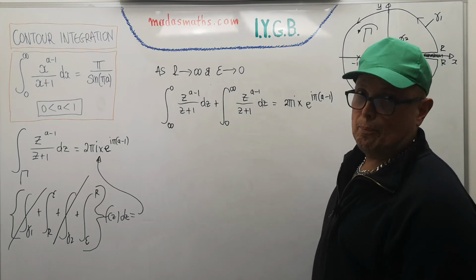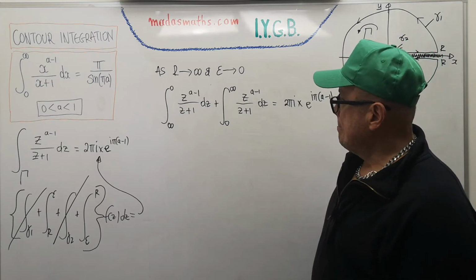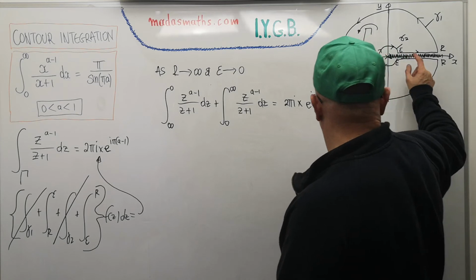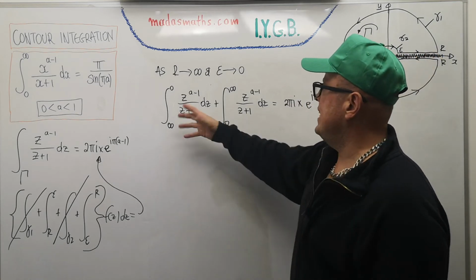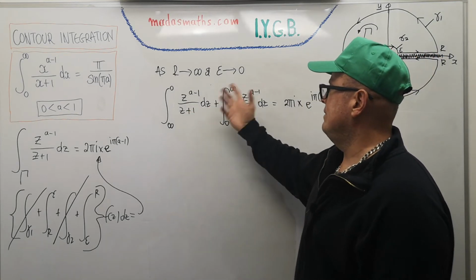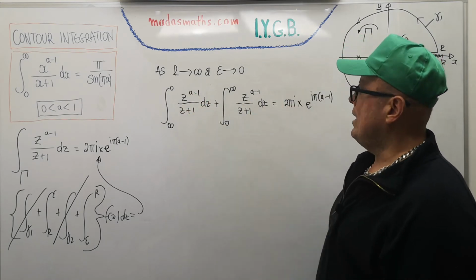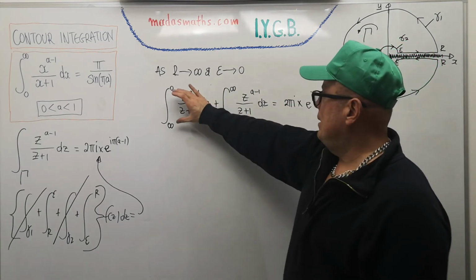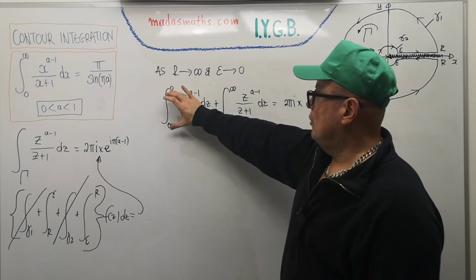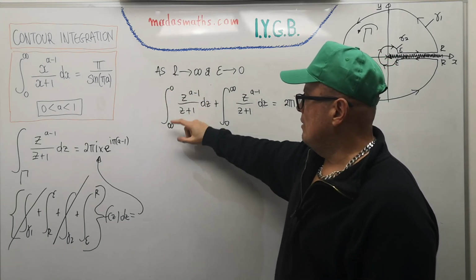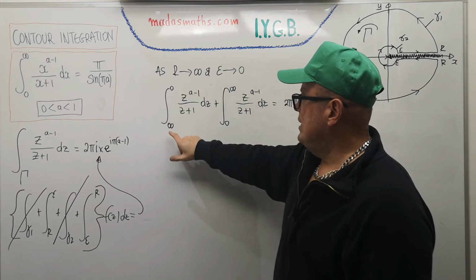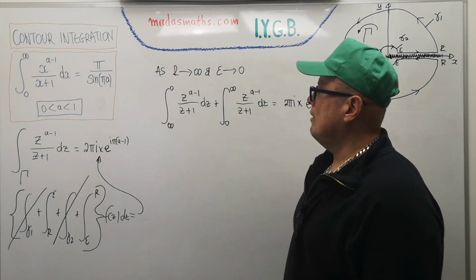I don't know if you can see what the problem is. Because I'm on the x-axis, all the z's are in fact x, and my dz is dx, and the same thing on the other one. If I flip this particular integral, so not the integral, the limit, sorry, so I put the infinity and the 0 at the bottom, that will generate a minus at the front.